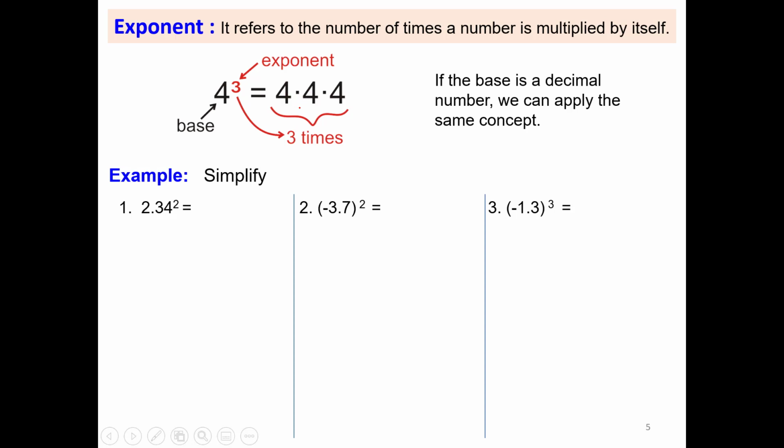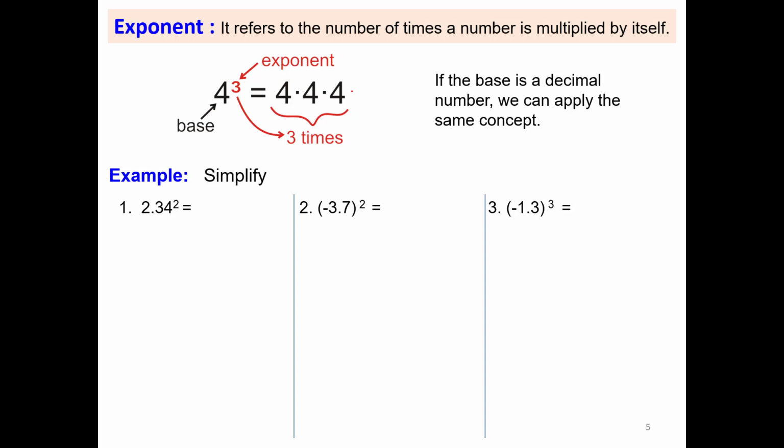It's 3 times: 4 times 4 times 4. The 4 is the base and 3 is the exponent. To get the right answer, we multiply 4 times 4 is 16, times 4 will be 64. Then 4 to the third equals 64.